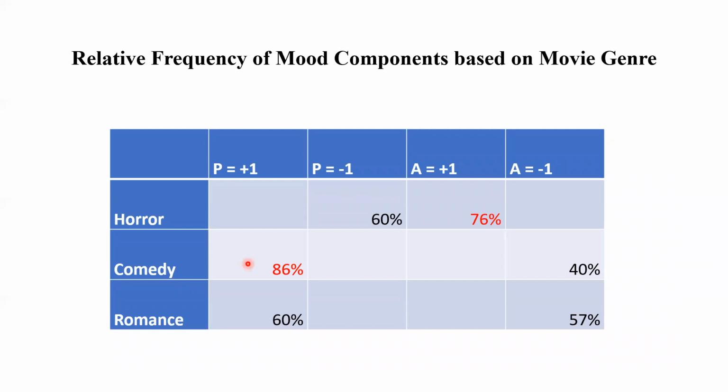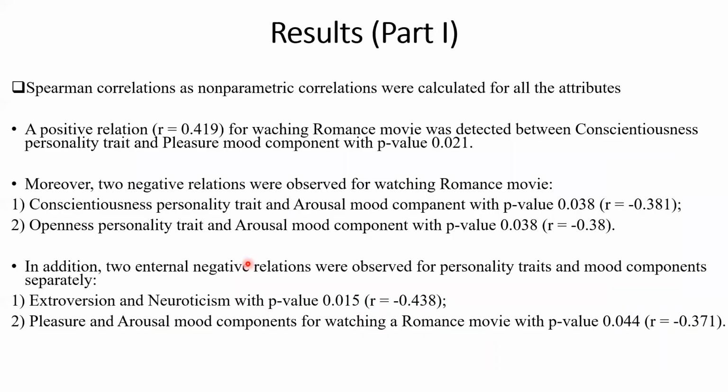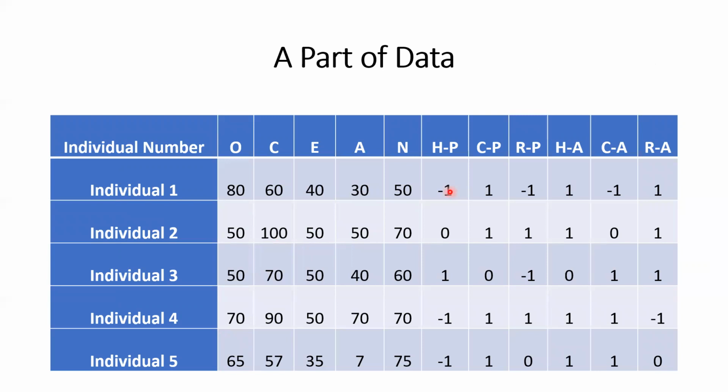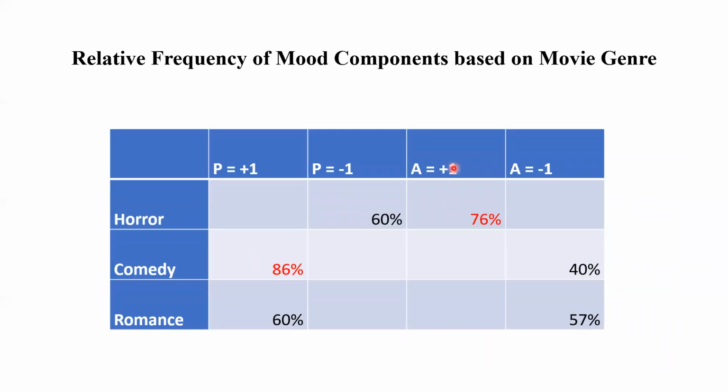The other summarization of the data was related to the relative frequency of mood components based on movie genre. As I said, I observed inside this table whether a specific component of mood increased or decreased, and based on that, I constructed a relative frequency table.